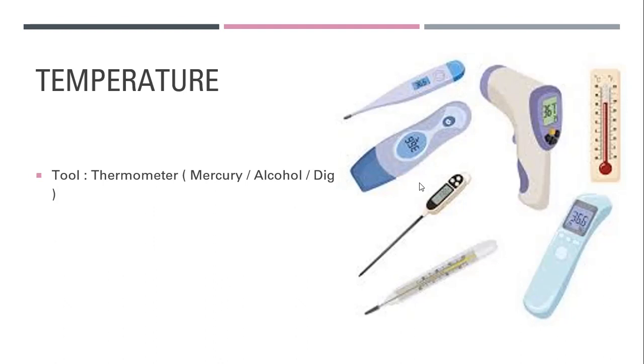Now, the alcohol thermometer is used to measure temperatures way below -38, because mercury freezes at -38 while alcohol freezes at -114. And there are some areas all over the world where the temperatures are really low. So in this case, they use the alcohol thermometer.